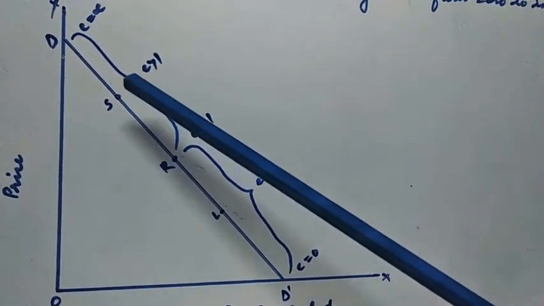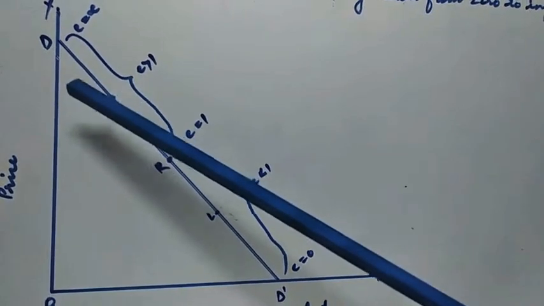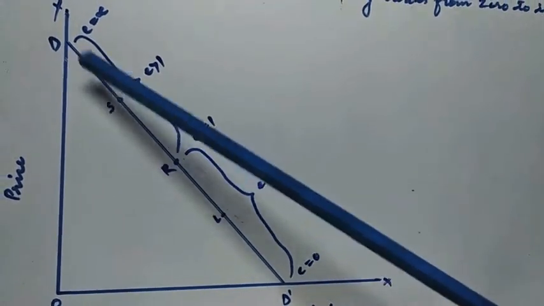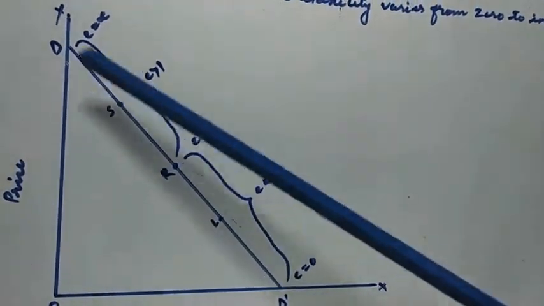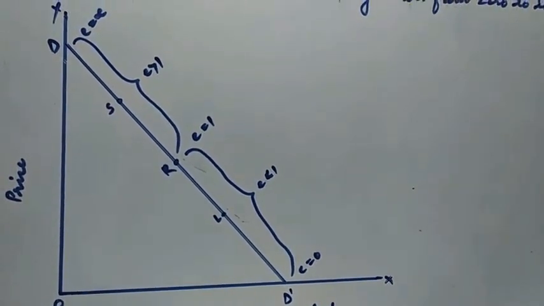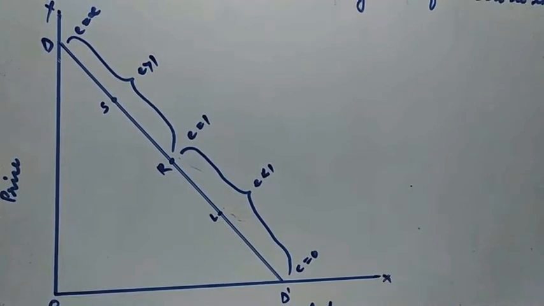Here SD dash is greater than SD when we look at the length of the demand curve. So this is a case where price elasticity is greater than 1.